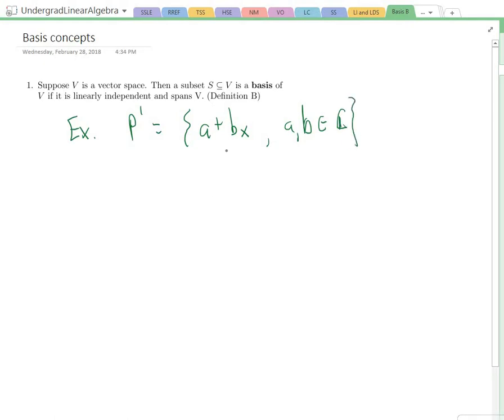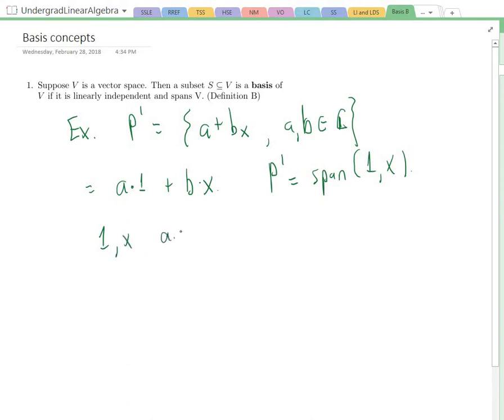You can write this as a times 1 plus b times x, so P1 is equal to the span of 1 and x.